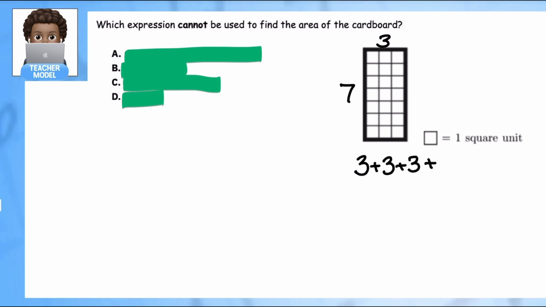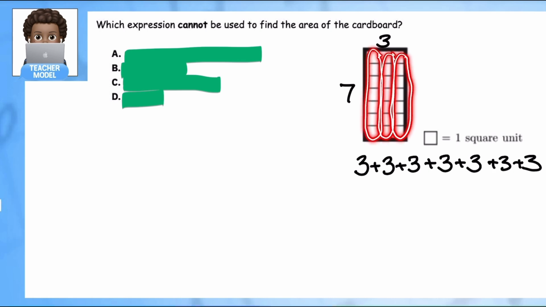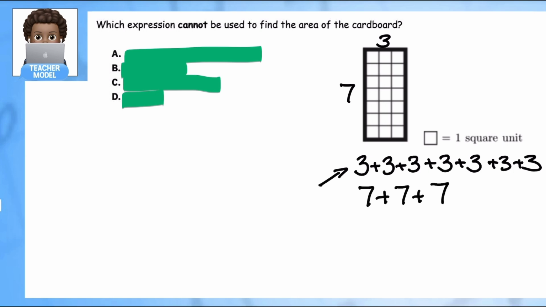And I could repeatedly do this. So I have 7 3s, 1, 2, 3, 4, 5, 6, 7. So I could just repeatedly add 3s. Or I could add 7s. I have 3 groups of 7s. So those are my 2 addition sentences.